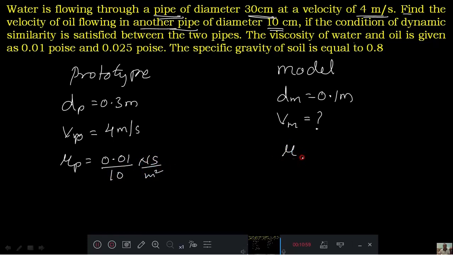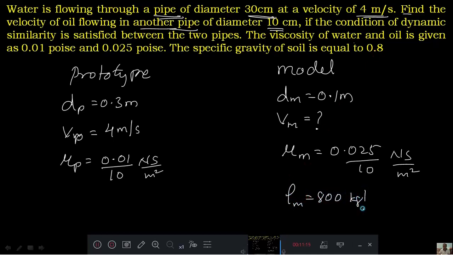Then mu for the model is given as 0.025 divided by 10 Newton second per meter square. Then the specific gravity of the oil is 8, means for the model I will get 800 kg per meter cube, and this is water, therefore rho of the prototype is 1000 kg per meter cube.